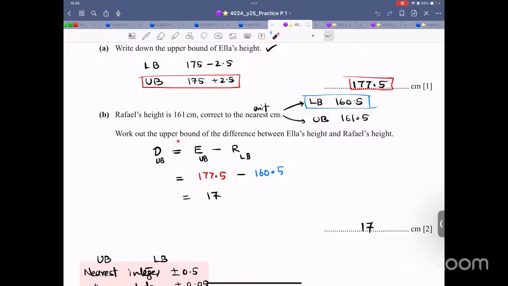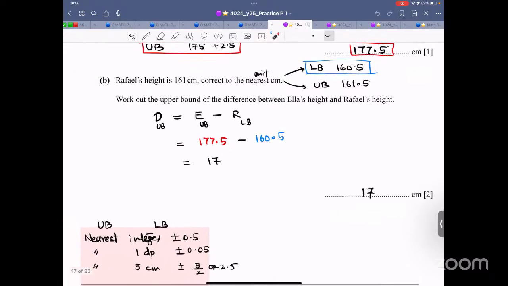Work out the upper bound of the difference between Ella's height and Raphael's height. So if it's a difference between Ella and Raphael, Ella is taller, Raphael is shorter. So this is taller minus shorter. So we want a bigger value. So take the bigger value of Ella, which is the upper bound. Take the lower value of Raphael, which is the lower bound, and subtract, and that is the answer.